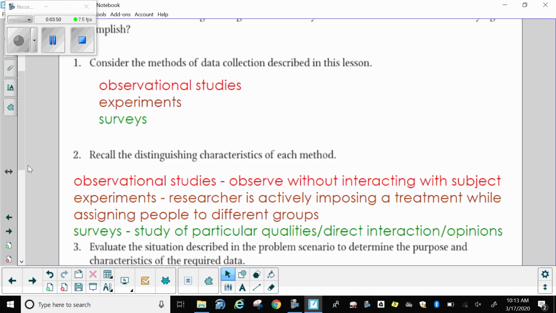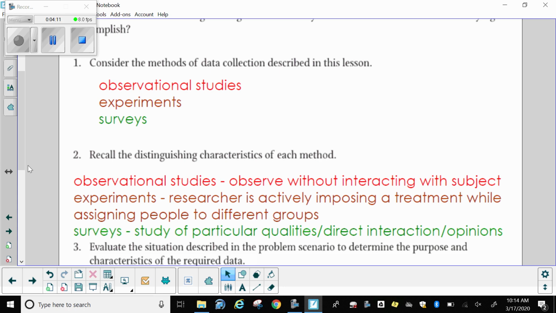Basically, an observational study is where we observe and do not interact with the subjects. It's like you're watching from afar. You are the fly on the wall and you're jotting down some notes. Just like the name, it's an observational study.